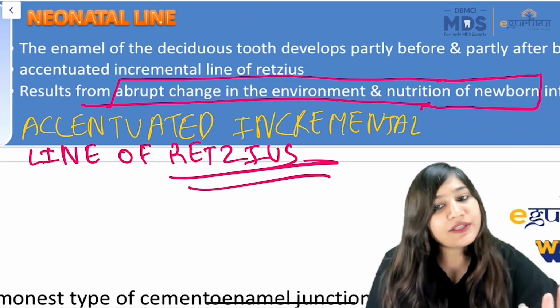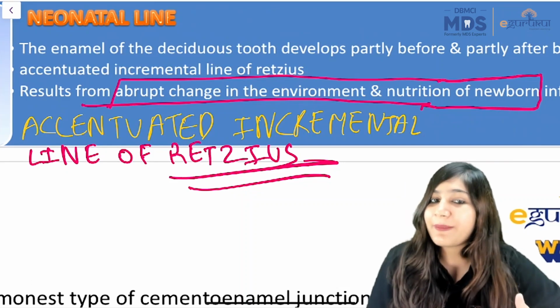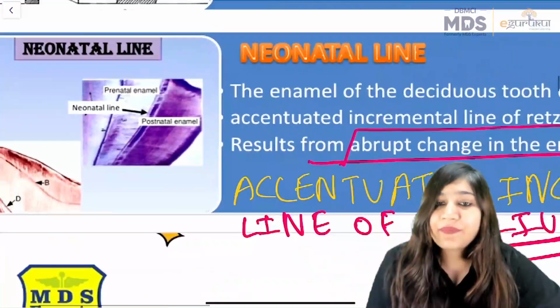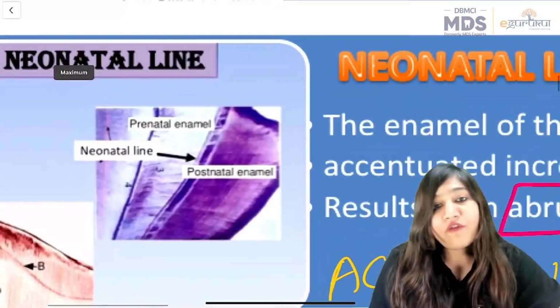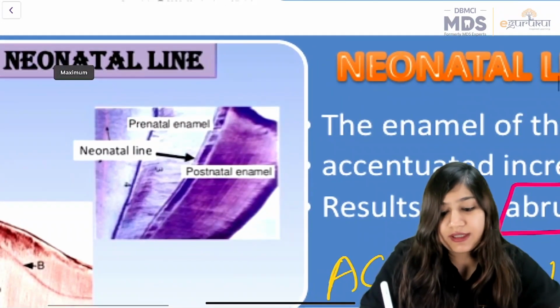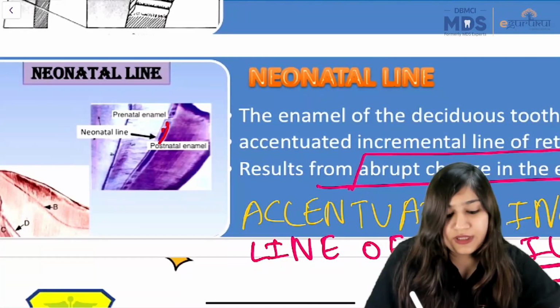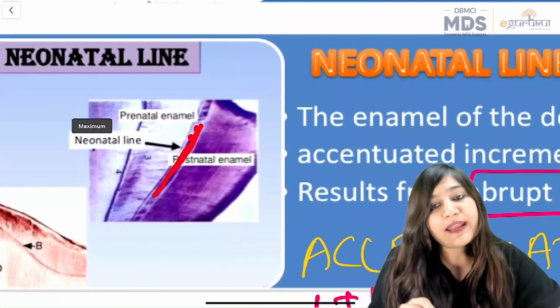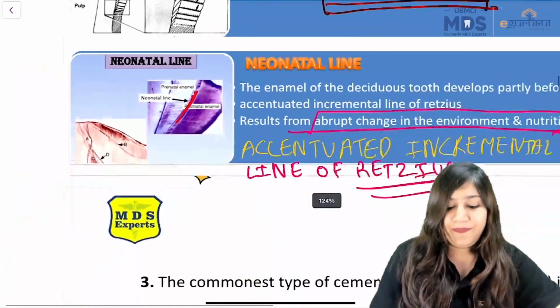In all the deciduous teeth and first permanent molar. This line is our neonatal line, separating the postnatal and prenatal enamel.